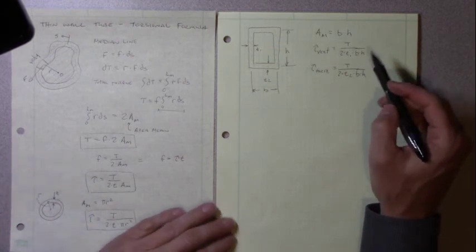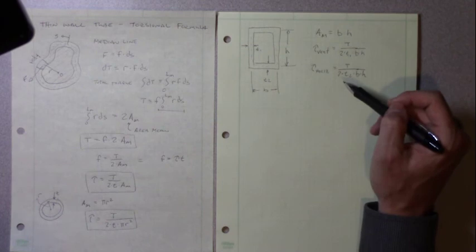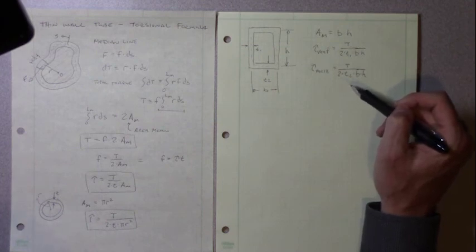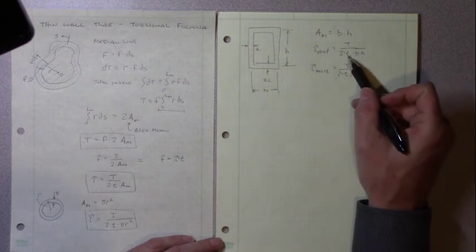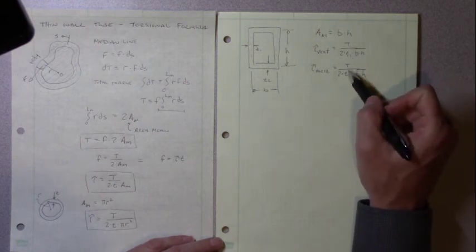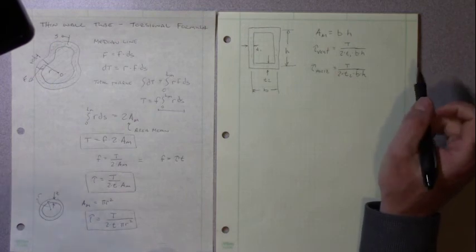Again, we would want to take a look at these and determine which one is greater to determine our maximum shear stress. Obviously, the thinner thickness is going to create the larger shear stress.